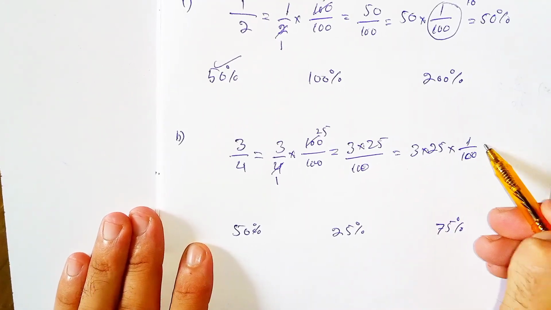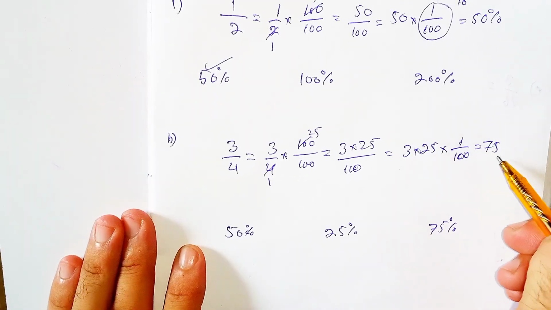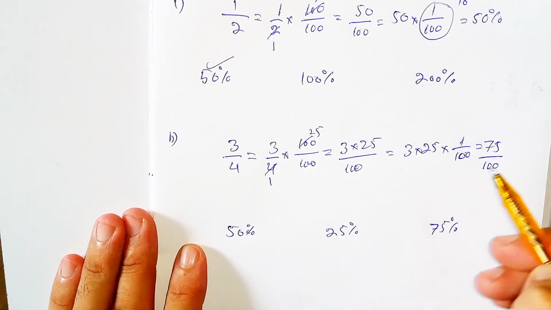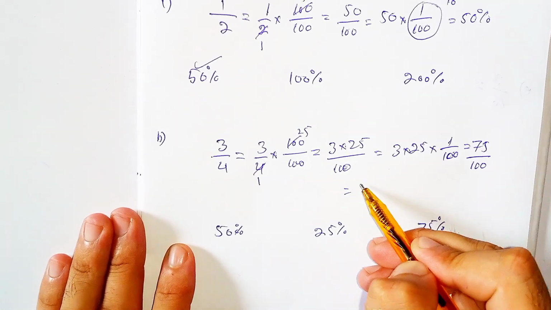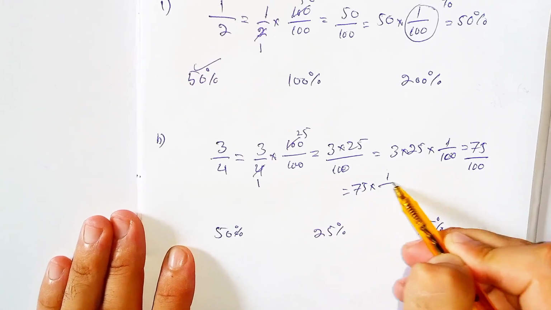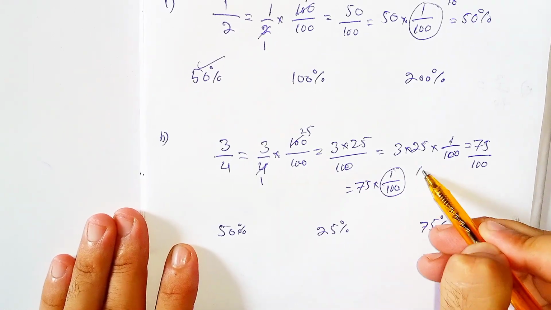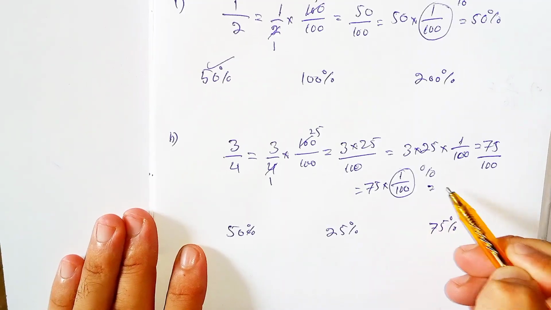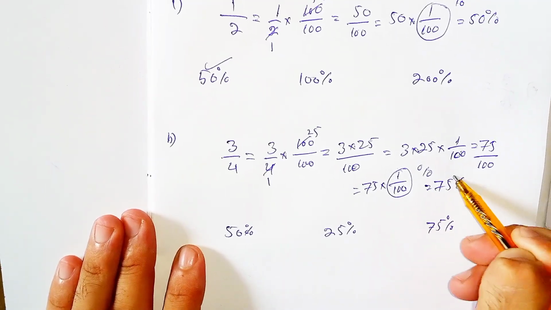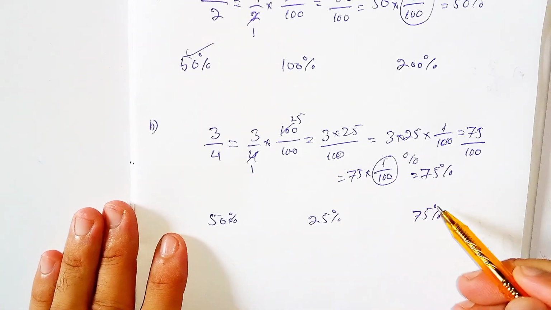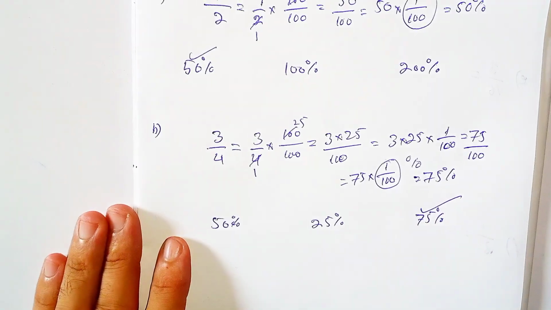So 3 times 25 is 75 over 100, and 75 over 100 can be written as 75 multiplied by 1 over 100. Right, so 1 over 100 can be written as the percentage symbol, which is equal to 75%. So the correct answer is 75%.